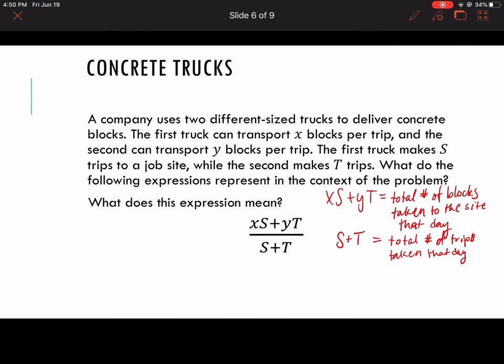And when you put the total amount of blocks divided by the number of trips, you're getting an average here. So this means an average. But what is the average? It's the average number of blocks taken per trip to the job site by both trucks.